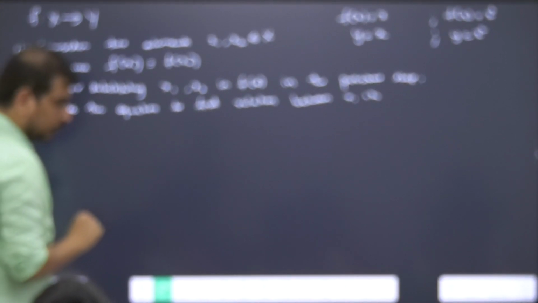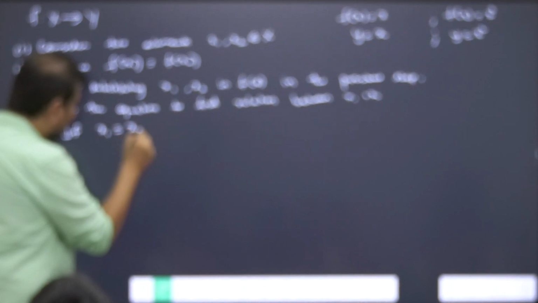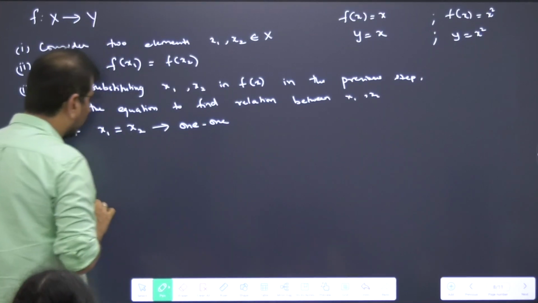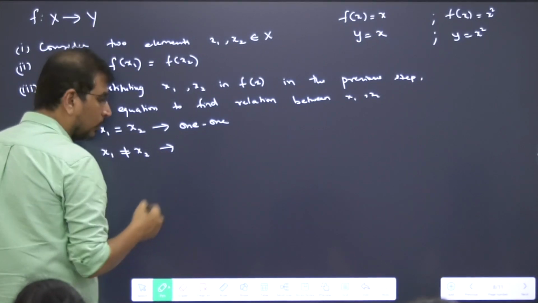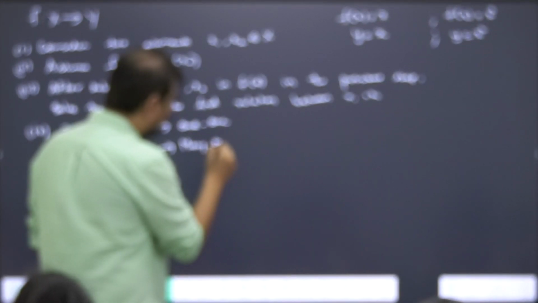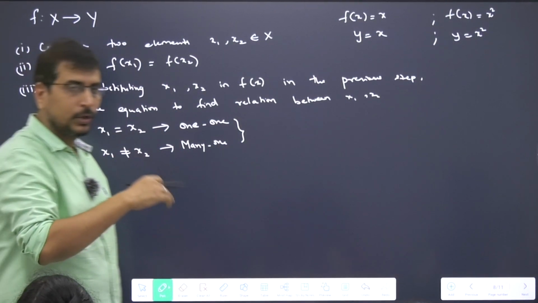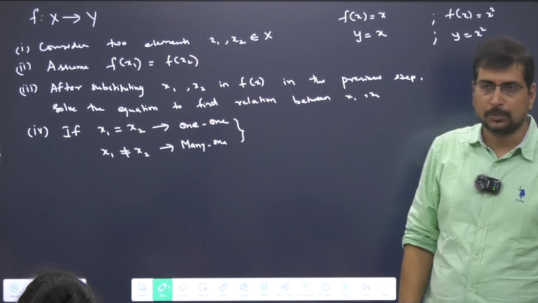To find the relation between x1, x2: if x1 comes out to be equal to x2, then it is a one-one function. If x1 is not equal to x2, then it is a many to one function. So this is what you need to do universally. Whatever function they give you, these are the 4 steps to be followed.